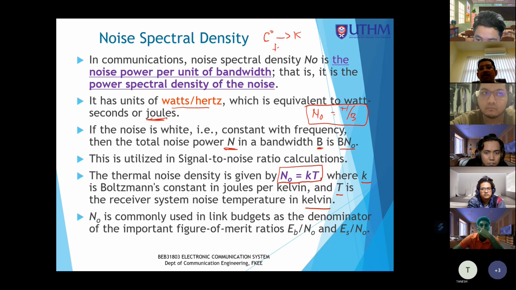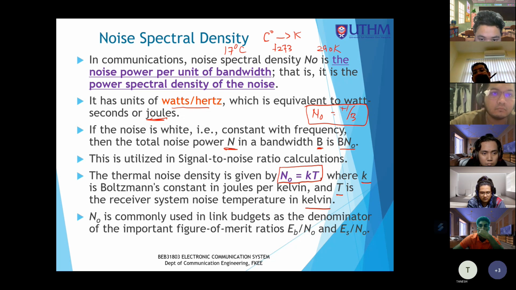Okay, you need to plus with 273. Okay. Contoh, kalau 17 darjah Celsius, 17 degree Celsius for example, if you want to change into Kelvin, you need to add up with the 273. Okay, so 17 tambah 273, you akan dapat 290 Kelvin.